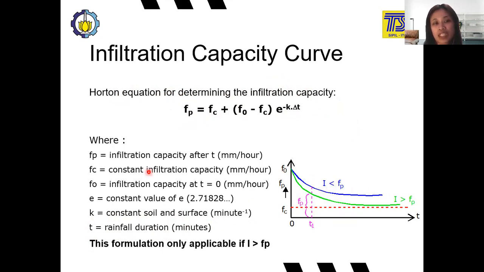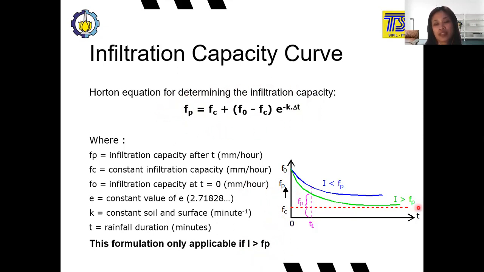For example, this equation can only be applied if the rainfall is bigger than the infiltration capacity. So if the i is bigger than fp, we can use this type of equation to calculate the infiltration capacity, the fp.